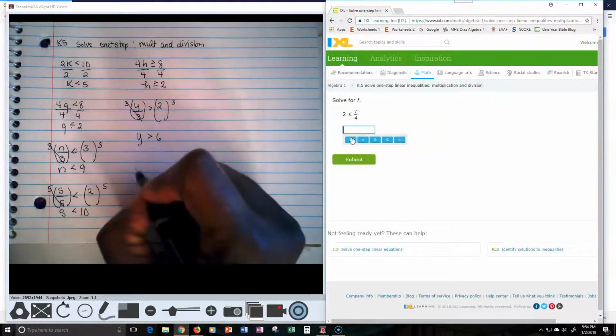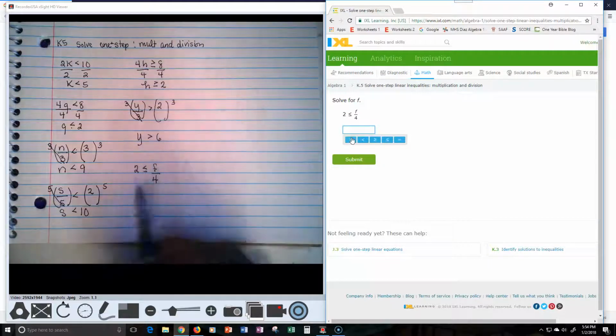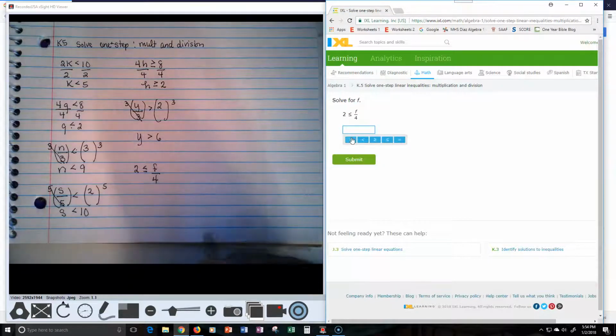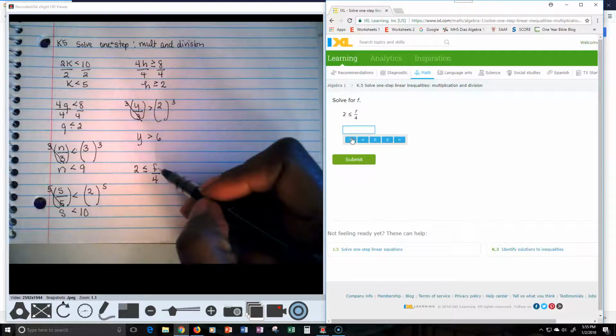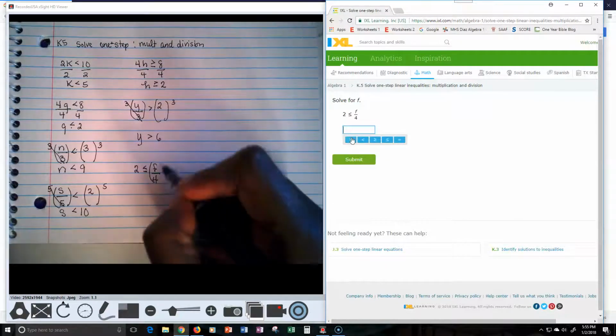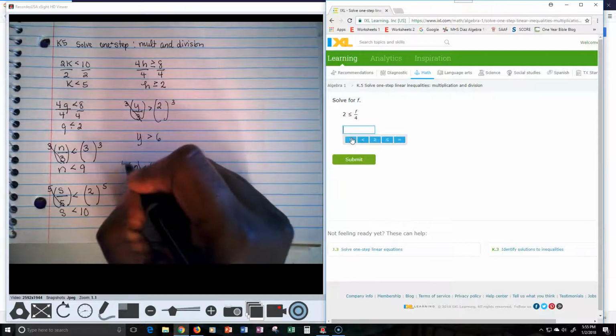And then we have 2 is less than or equal to f divided by 4. Just because we put it on the other side doesn't mean we change the process. The process is the same. I want f alone, so I'm going to multiply by 4 on both sides of the inequality sign.